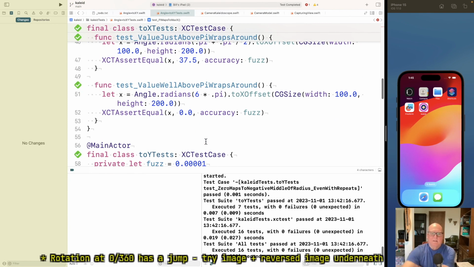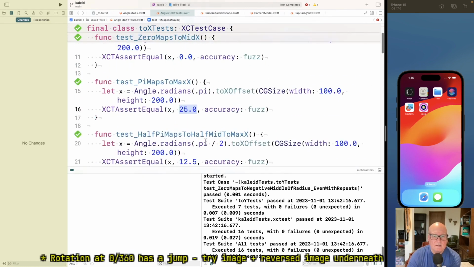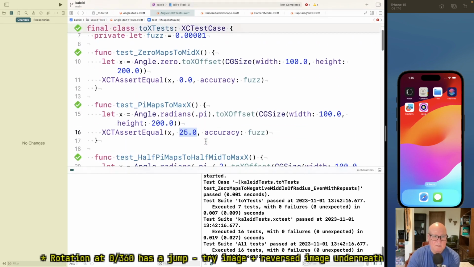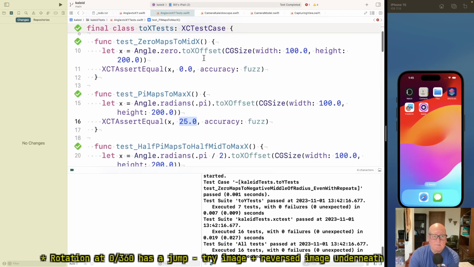That just doesn't even sound right, after I said I thought they were reasonably tested. Well, 0 maps to mid-x. That should be correct regardless.